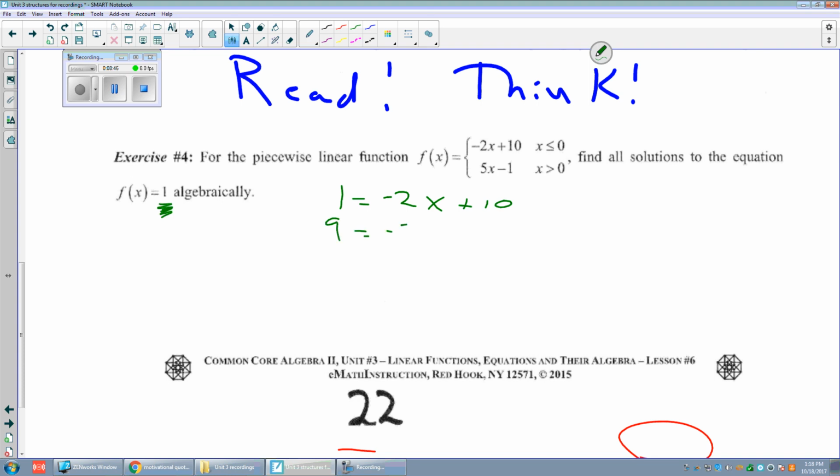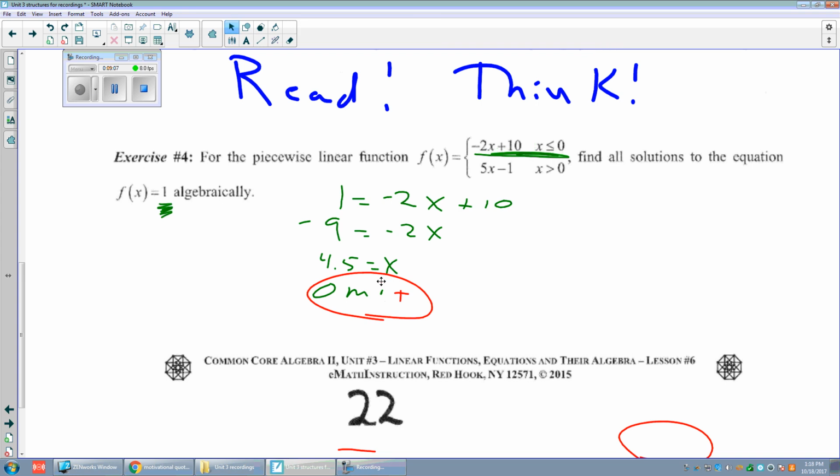Subtract 10. 9 equals -2x. Divide by -2. 4.5 equals x. Is 4.5 less than 0? Omit. O-M-I-T. Sorry about that. We omit that.